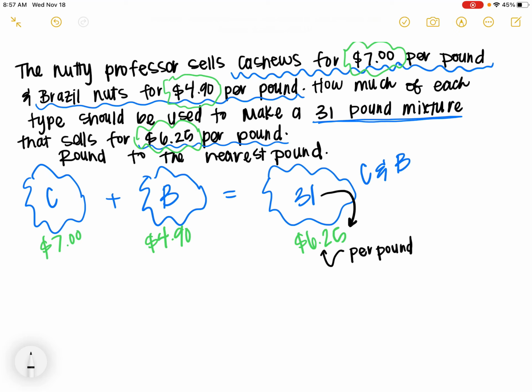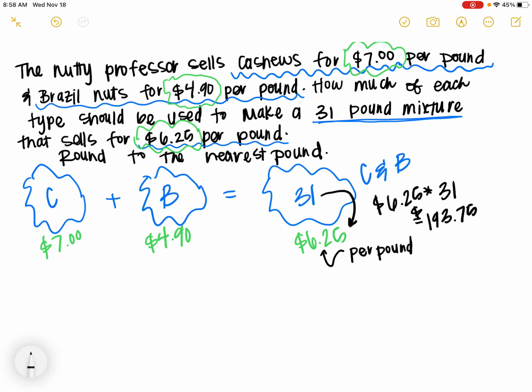So I need to multiply $6.25 by 31. $6.25 times 31 is $193.75. So this total mixture of nuts is going to equal $193.75, which is a lot, but think about how much nuts cost. It kind of makes sense.